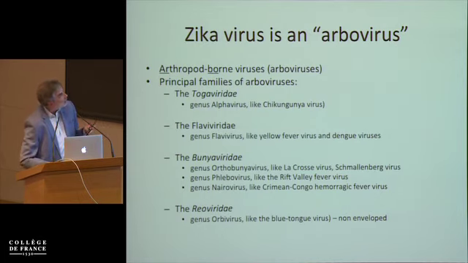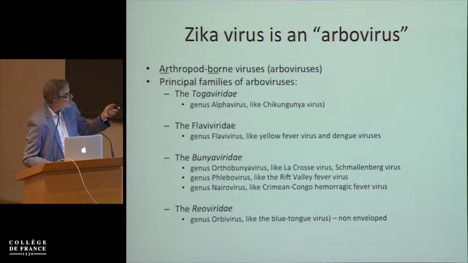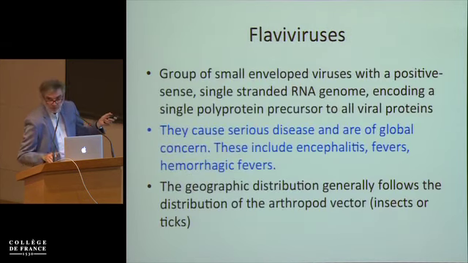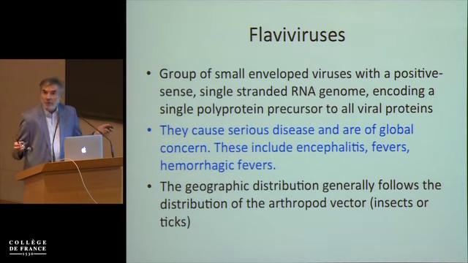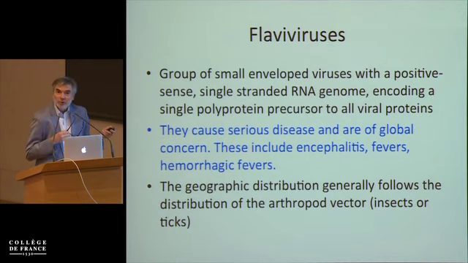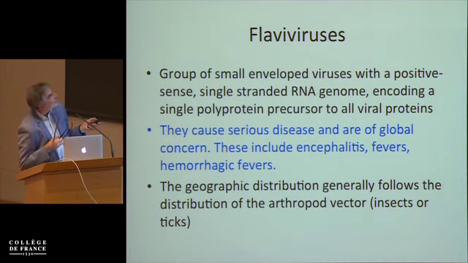So Zika is a flavivirus. Within the flavivirus genus there is also the hepatitis C virus and others which are not arboviruses. Zika virus has been known for a while, but it became of really broad recognition very recently, as you know.